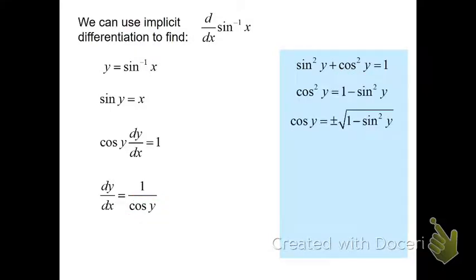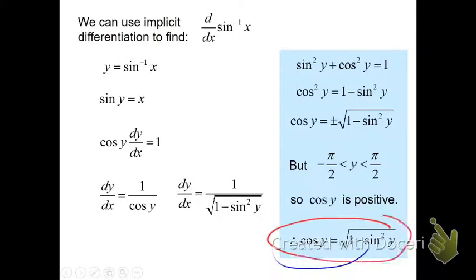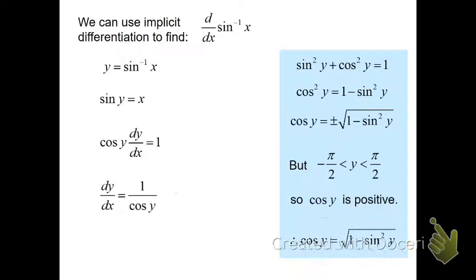Subtract and square root, but we want to keep it a function, so we're going to keep just the top half, no big deal. And if you get cosine y by itself, it's the same as this. Oops, let me go back a little because I skipped it. All right, so right now we have cosine y is the same as this.